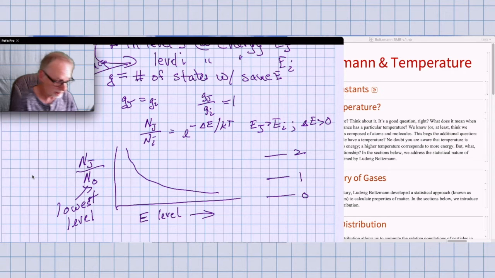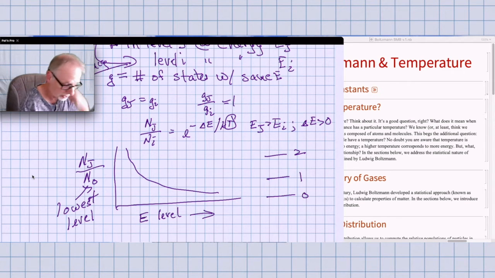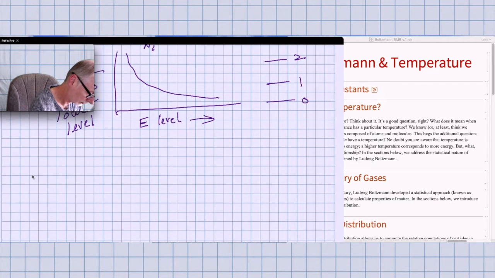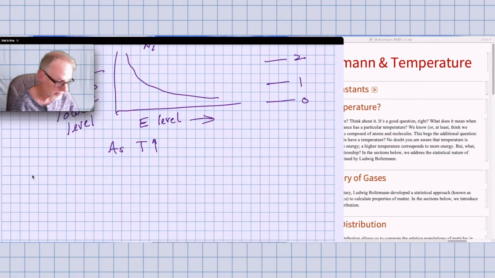Now, what's going to happen as we increase the temperature, though, is that as the temperature goes up, in those circumstances, we start to get more population of the upper levels.